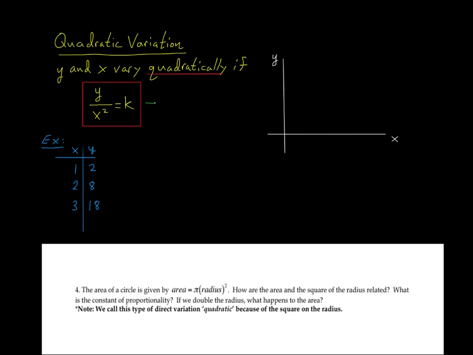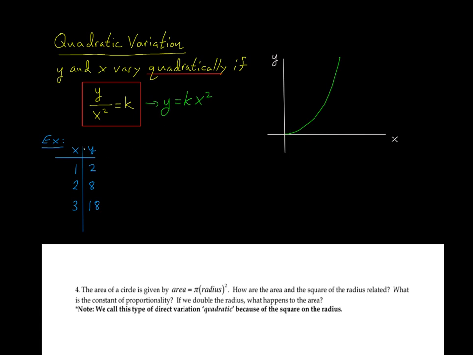Another way we can write this relationship, just moving the x squared over, is to say that y is equal to k times x squared. And the graph here is actually a parabola. So this is not linear variation, what we saw earlier. This is now quadratic variation.